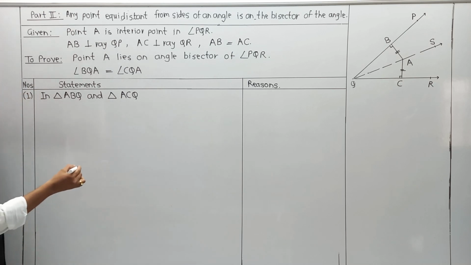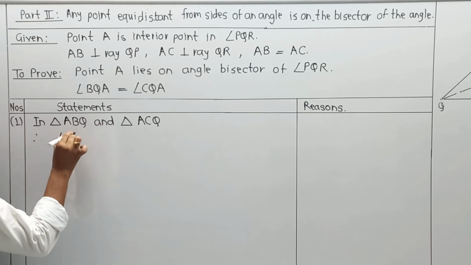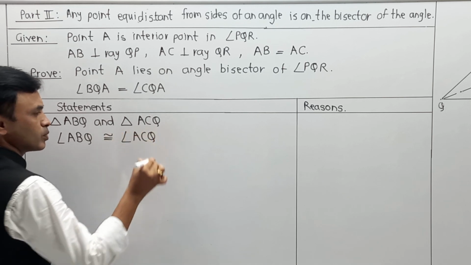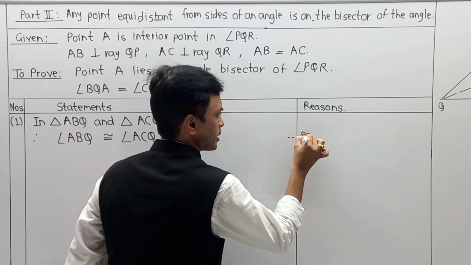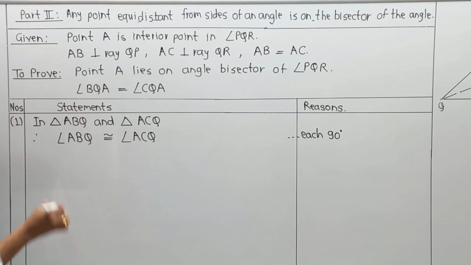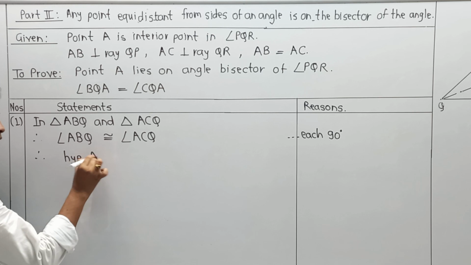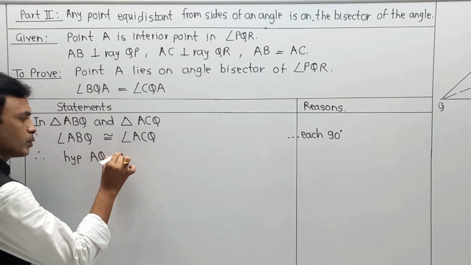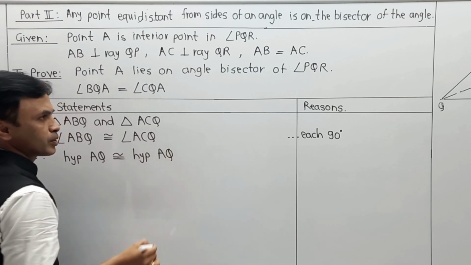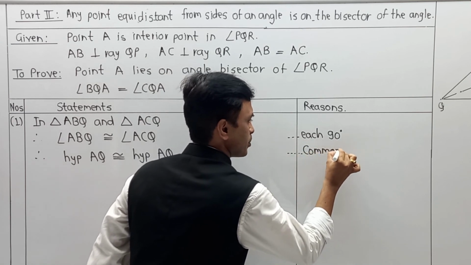Here angle ABQ is congruent to angle ACQ, reason each 90 degree. So opposite to 90 means hypotenuse. Therefore we can say that hypotenuse AQ is congruent to hypotenuse AQ. You can say common side or also common hypotenuse. I am going to write common side.